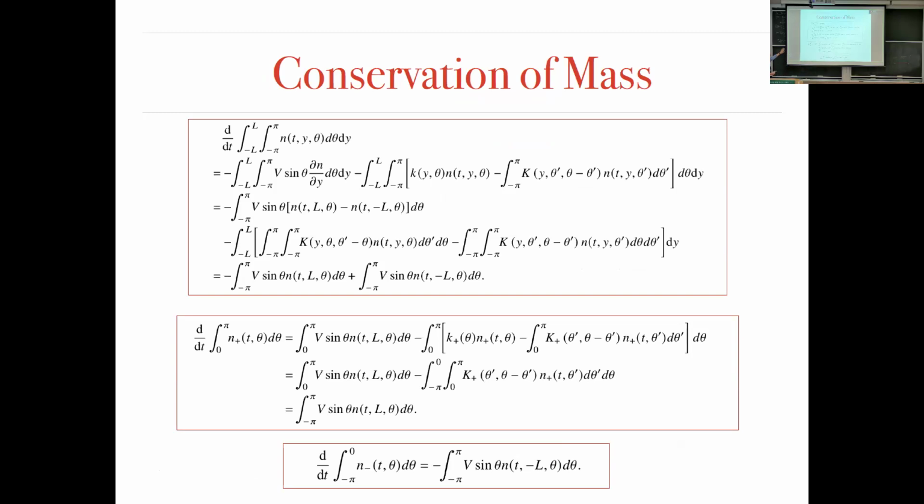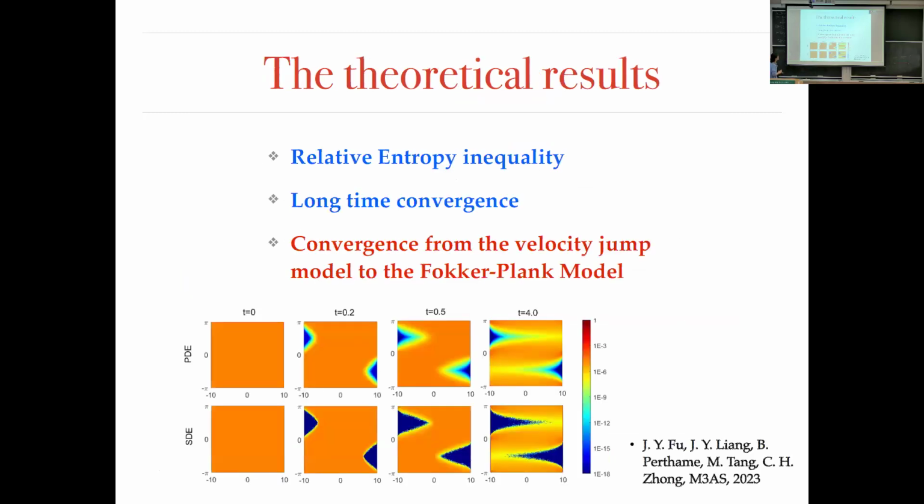Then we can check there is conservation of mass for this three-equation system, and this is kind of classical. Then what kind of theoretical result can we get? We can get the relative entropy inequality for this. Basically, this relative entropy inequality gives you the long-time convergence of this system. The difficulty is that we need to combine all these three equations together to give an inequality.